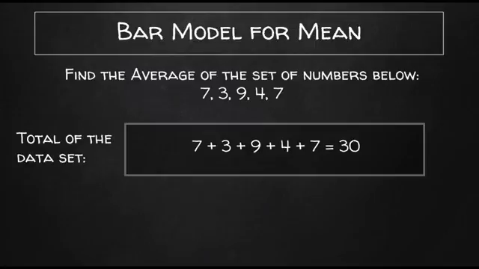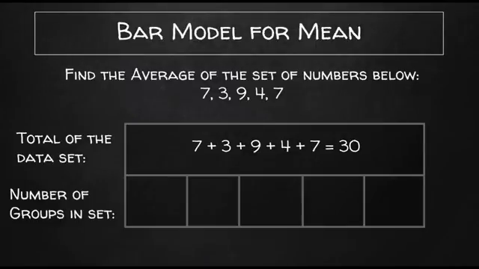The next step in the process would be to determine how many pieces are in our number set. Not a total, but how many parts. So we've got 1, 2, 3, 4, 5. And what we want to know is, what would those groups be if each one was equal? All we do is take our total value, our 30, that we came up with by adding the numbers together, and divide it into the number of groups that we have.